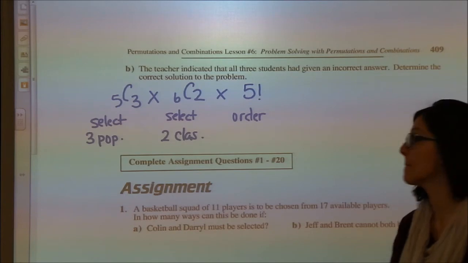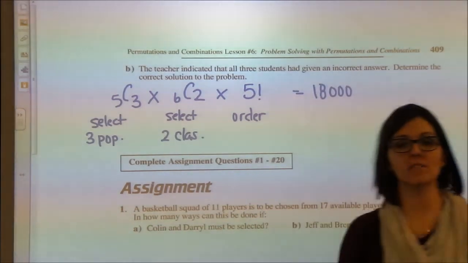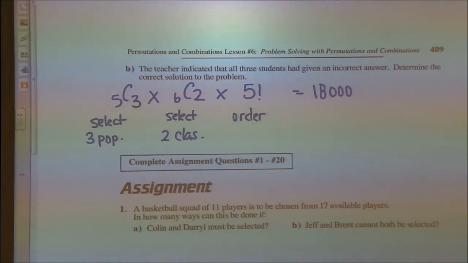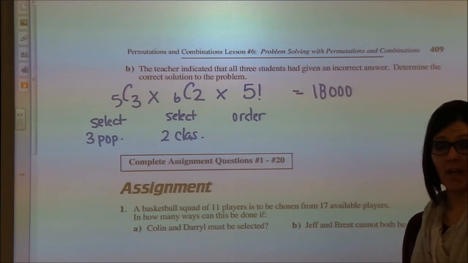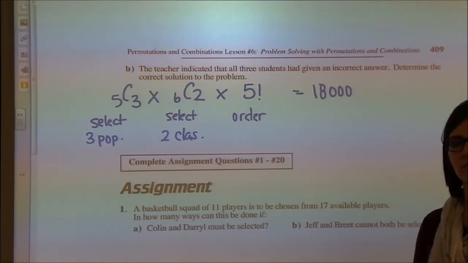What do you get? 18,000. 18,000 programs can be created where the order is actually important. And then from there, if I wanted to put more specific, then I could.